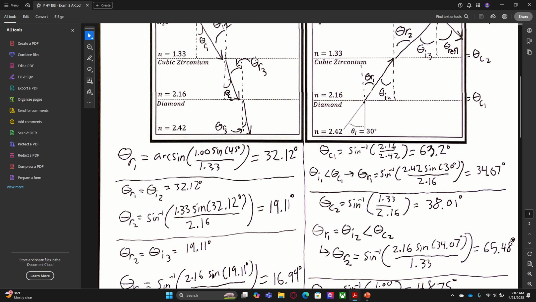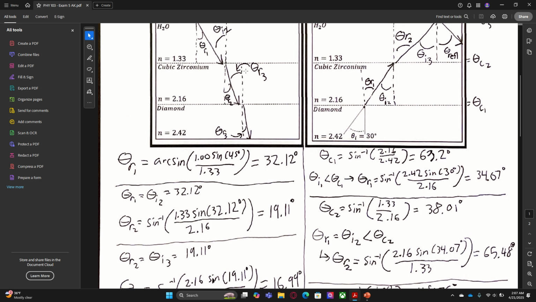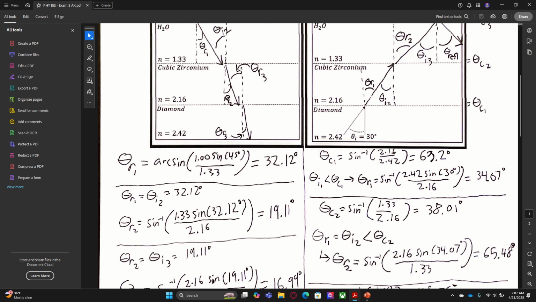So labeling that as theta R2 here, the angle between the perpendicular axis to our boundaries and our refracted ray will be theta R2. Now, 32 degrees versus 19 degrees. 19 degrees is steeper, so that's why I'm drawing this closer to being vertical than the prior ray.